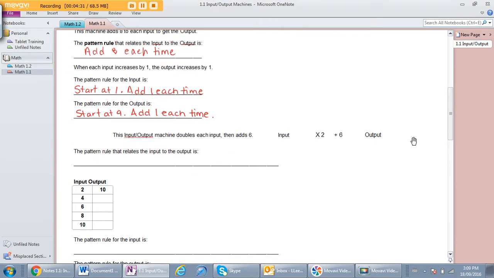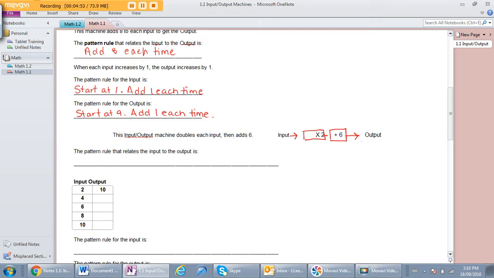Here's another example of an input-output machine. This one actually has 2 operations. If I input any number into this machine, I'm going to multiply it by 2, add 6, and that will give me an output number.